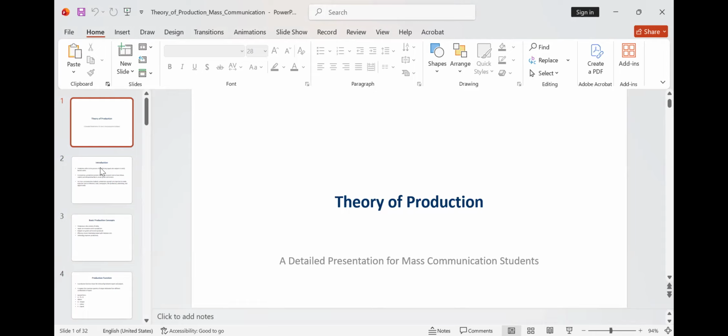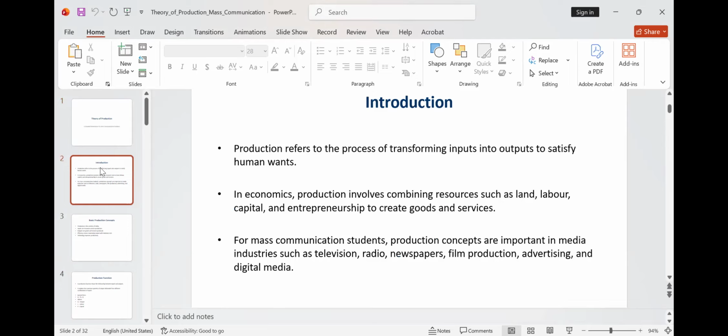I believe you can hear me. I said production refers to the process of transforming input into output.